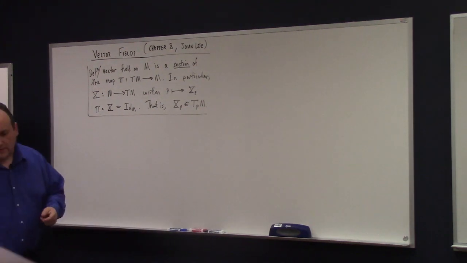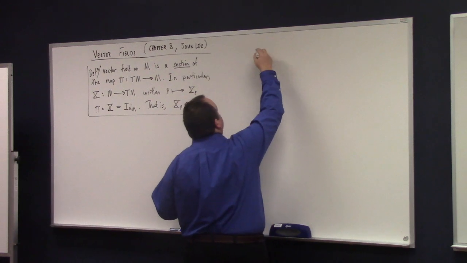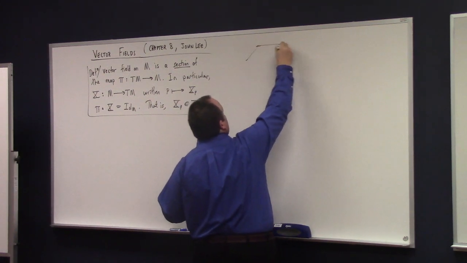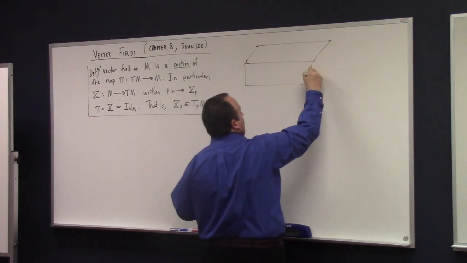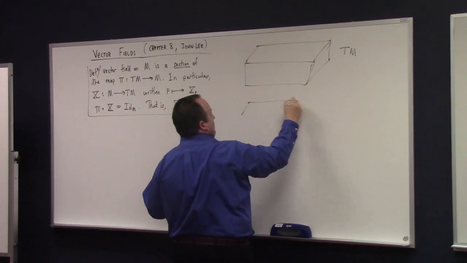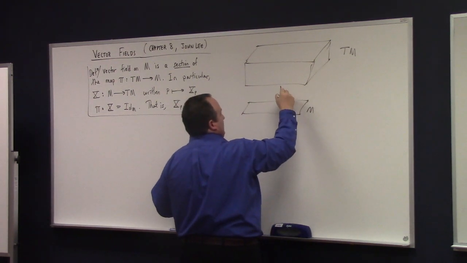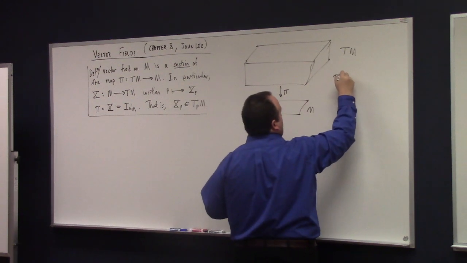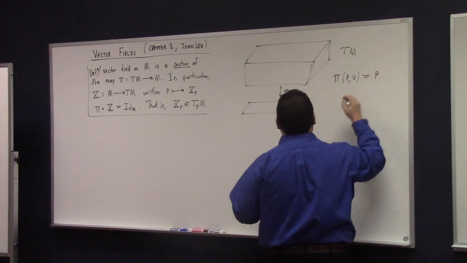But if I was to draw a picture, if this is the tangent bundle to M, and here's M, then pi goes like this. Remember, the definition of pi is it takes in a pair p comma v, and it just spits back out p.